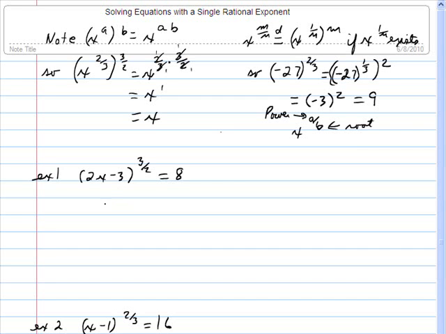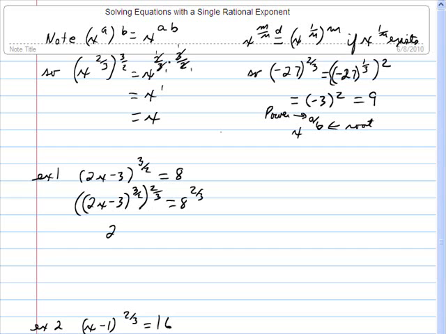Now, if this was just 2x minus 3, this wouldn't be a problem. We could easily solve that for x. So what we need to do is get rid of that rational exponent. So I'll use the technique that we saw above. I'll take 2x minus 3 to the 3/2 and raise that to the 2/3. And I'll take 8 and raise that to the 2/3.